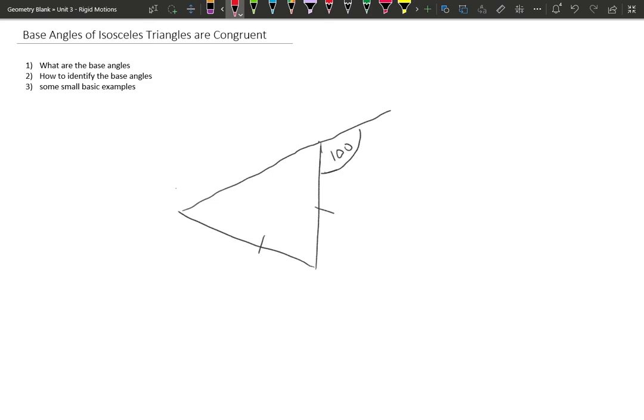But once you know that it's isosceles, then identify the base, this angle and that angle must be congruent, because that is a property of an isosceles triangle. So if this is 100, this must be 80 over here, because these two angles must add up to 180. And if this is 80, then this also must be 80 there.